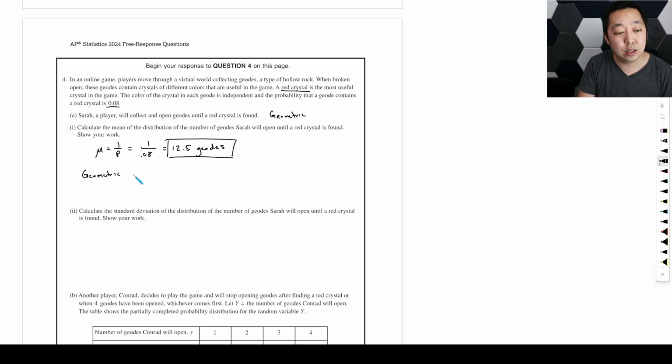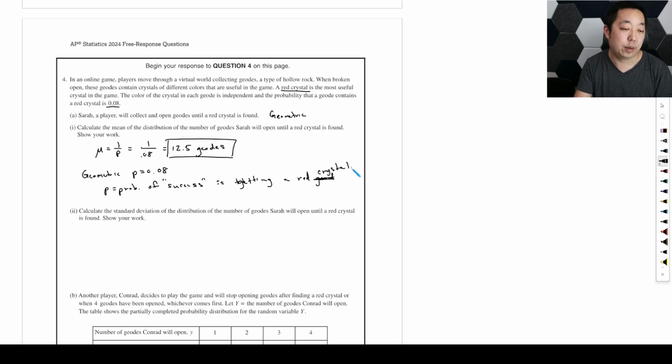It's geometric, where p is equal to 0.08, because p is the probability of success, and success in this case is getting a red crystal. Okay, I think that's sufficient. I don't think you need to show much more than that. Maybe someone who knows the intricacies of the weird AP Statistics grading can tell you, but that's probably all I would put in.